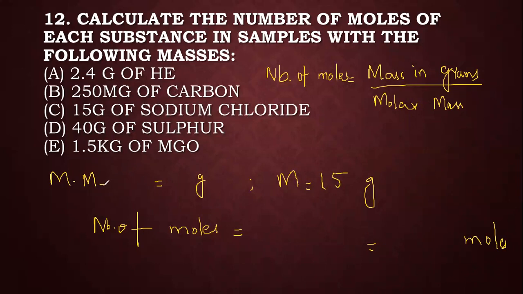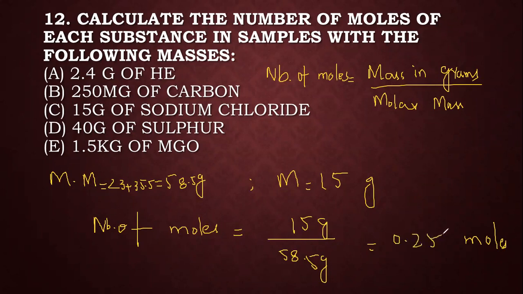So NaCl means Na, the atomic mass 23, plus Cl, 35.5, which must be equal to 58.5. So it's equal to 15 grams divided by 58.5 grams, so the value must be equal to 0.25 moles. Now in part D, 40 grams of sulfur.